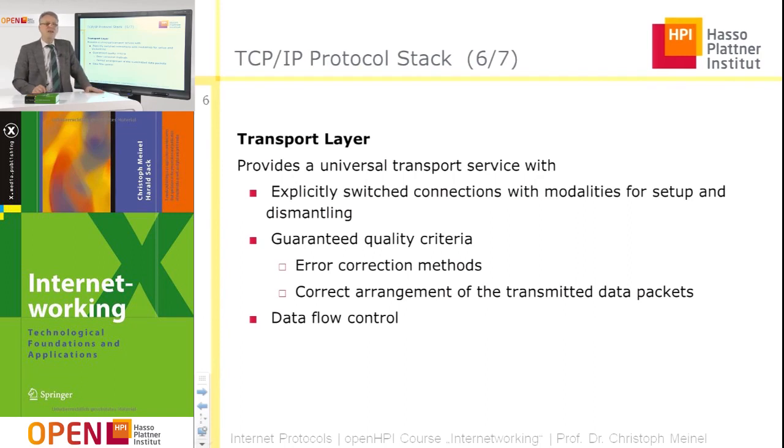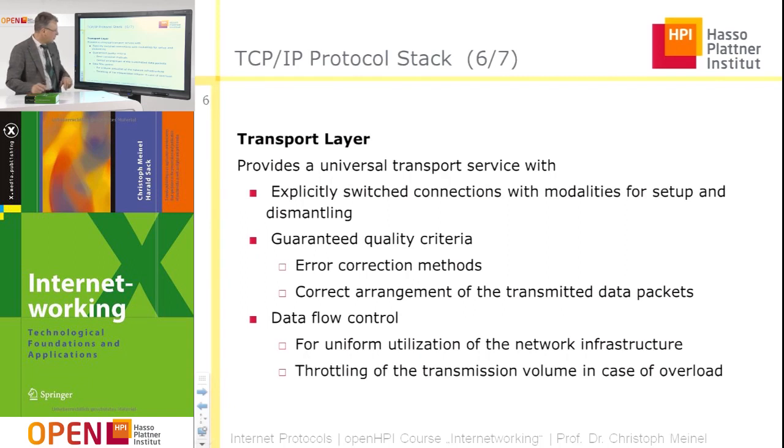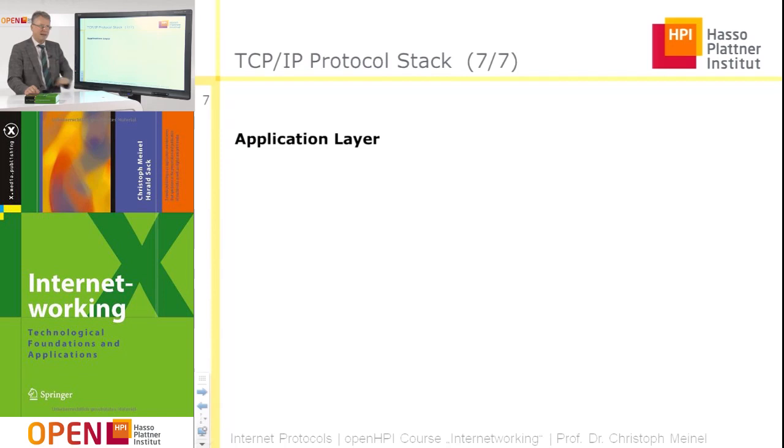Then in the transport layer also mechanisms are provided for data flow control, to help so that the network infrastructure of the different interconnected networks may be utilized in a uniform way, with mechanisms to avoid overload and to fight against overload. These are all responsibilities of the transport layer.